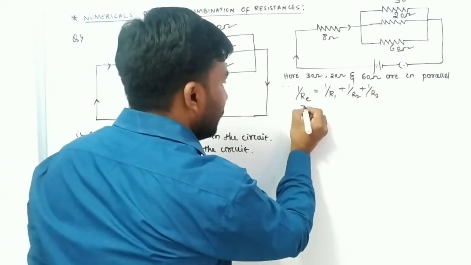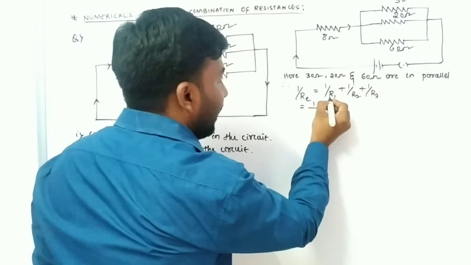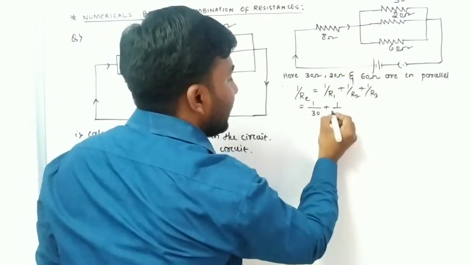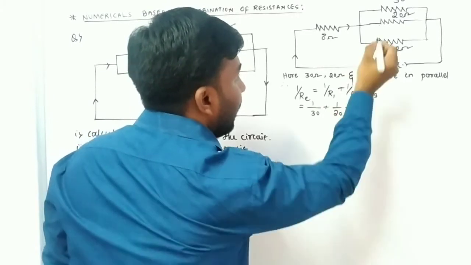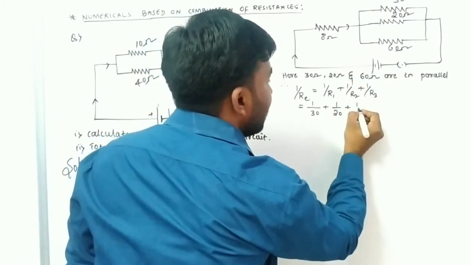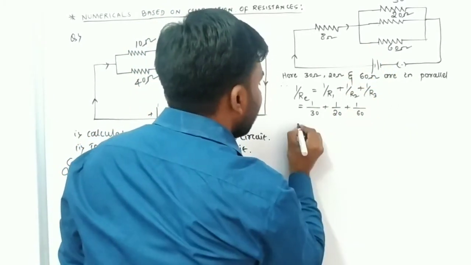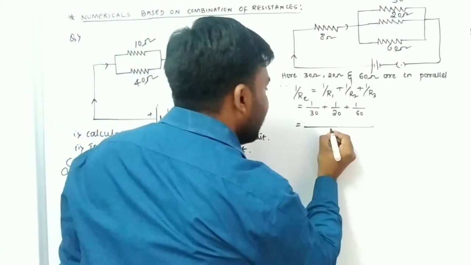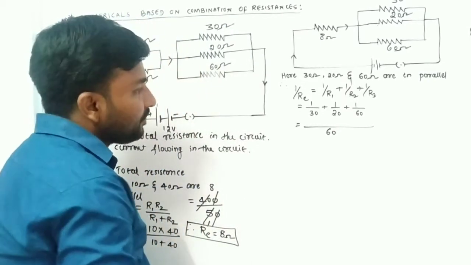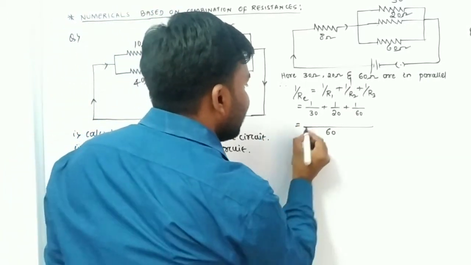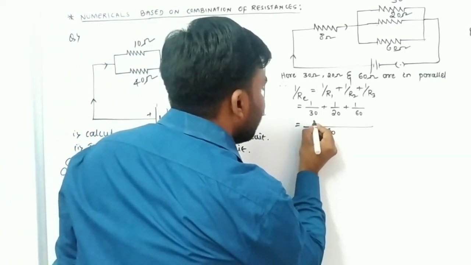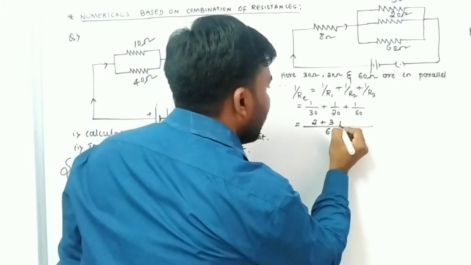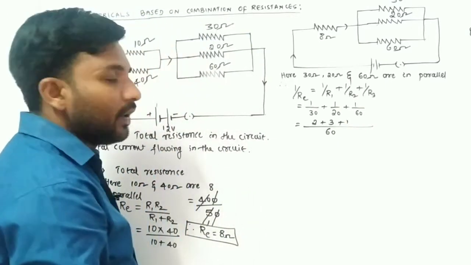This is equal to 1 divided by R1 is 30, R2 is 20, R3 is 60. This is equal to, take the LCM. LCM is here 60. Now 30 twos are 60, so here it is 2, and here it is 3. Here you will get 1.